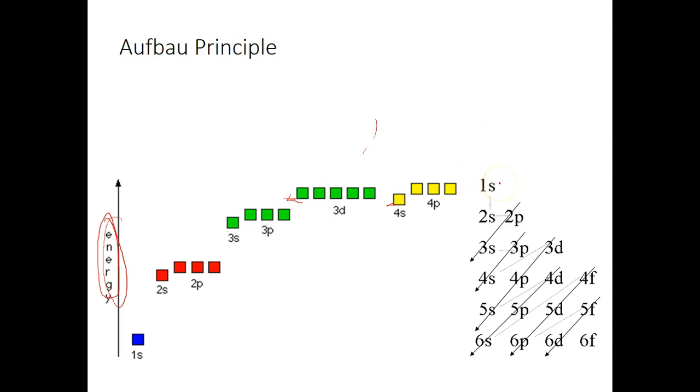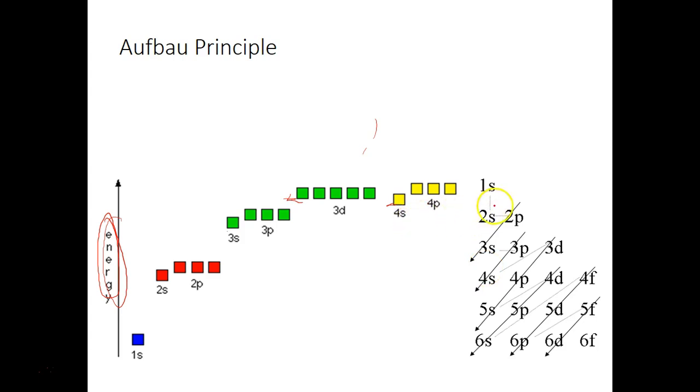And there are 2 ways to memorize the order of the electrons that we fill in. First way is you can write it like this, where you go 1s, 2s, 3s, 4s, 5s, 6s, and you can repeat it for 2p, 3p, 4p, 5p, 6p.